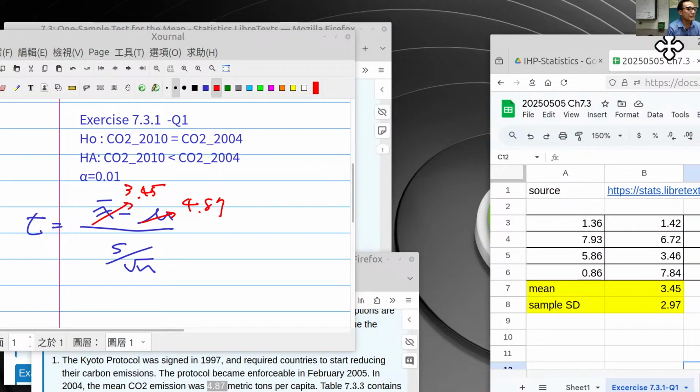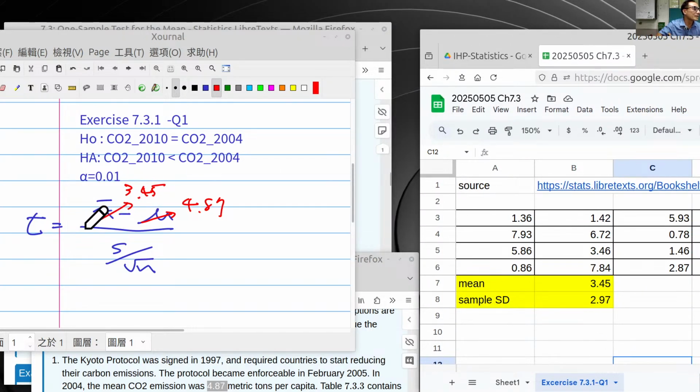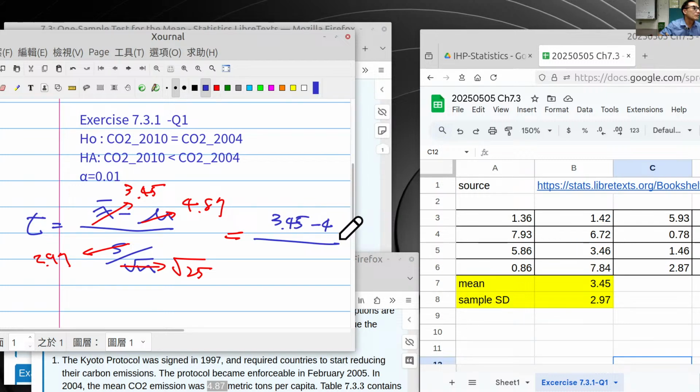The sample standard deviation is 2.97, and n is 25, so the square root of 25. Okay, and that would be 3.45 minus 4.87 and 2.97.